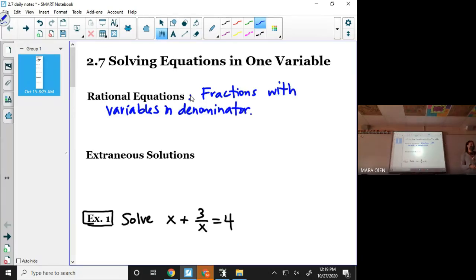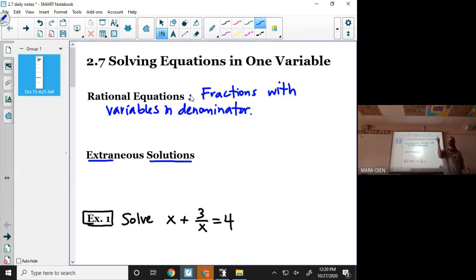When you have variables in the denominator, you have to be careful and you have to look out for these things called extraneous solutions. An extraneous solution is, I'll give you a math definition as well, but an extraneous solution is just an extra solution or an extra answer that you will solve and you will have done everything perfect.